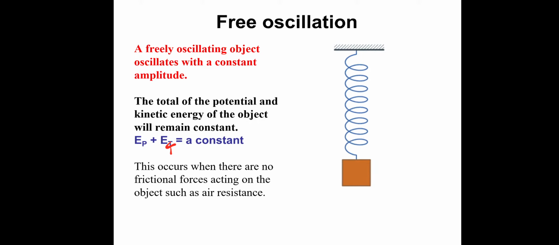It occurs because there are no frictional forces acting on the object, such as air resistance. Obviously, this is a model, and in real life this would not be the case, as any oscillating system would lose energy to the surroundings via heat and sound.